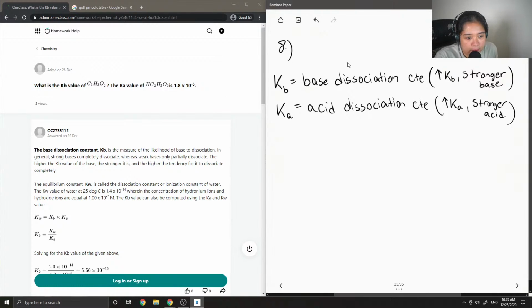And then let's also recall what Kw is, which is the ionization constant of water, and its value is known. Kw is equal to 1.0 times 10 to the negative 14.